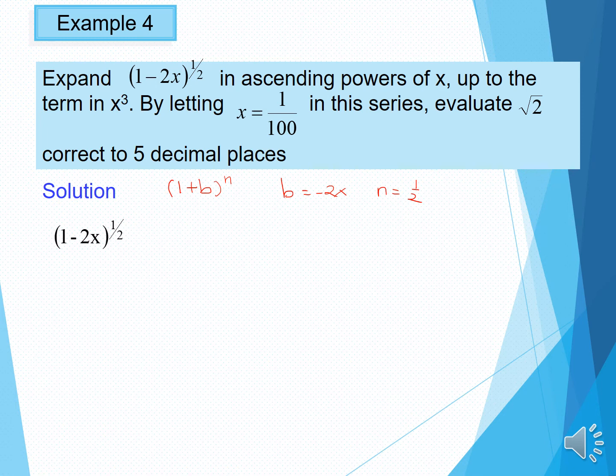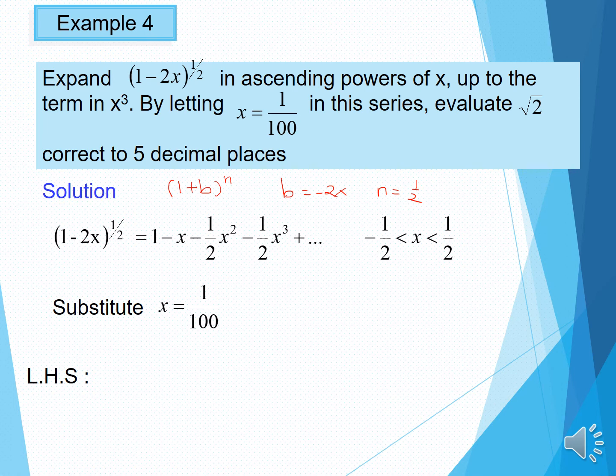Since n is a rational number, substitute into the binomial expansion for n a rational number, so the answer is 1 - x - (1/2)x^2 - (1/2)x^3, up to the term in x^3. The expansion is valid for -1/2 < x < 1/2.